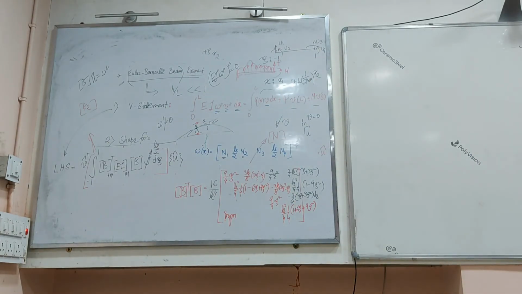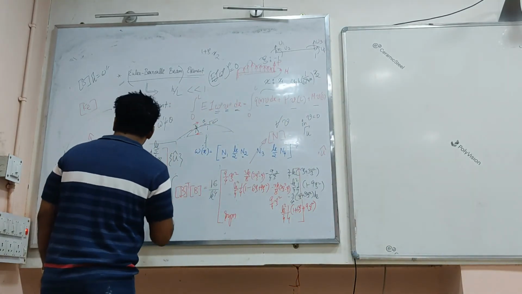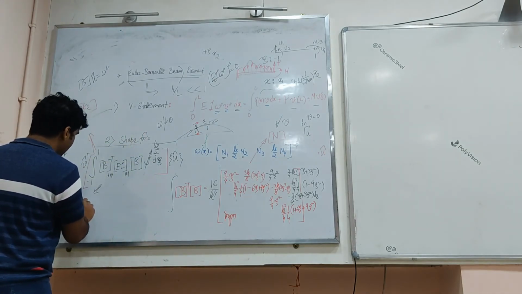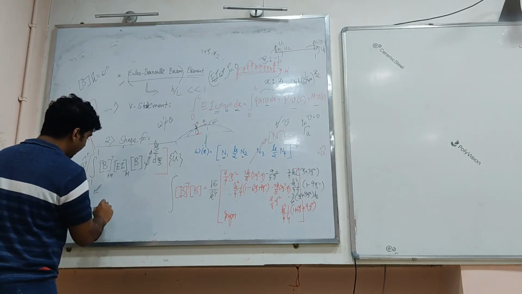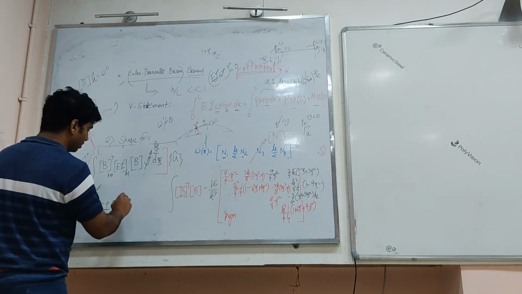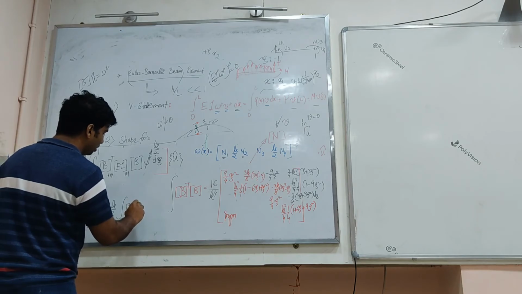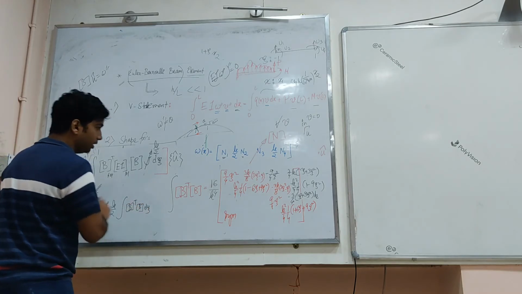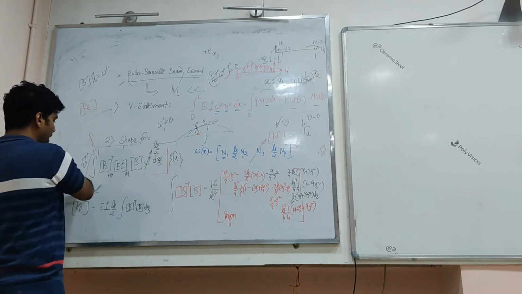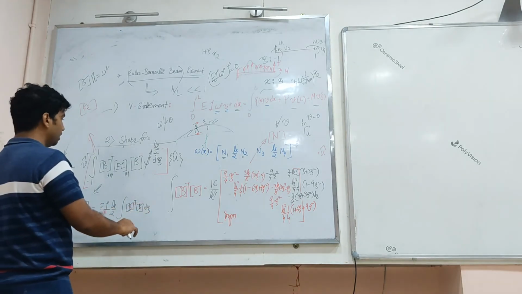Now see what I will do. Now for B transpose B, the element sequence matrix here, I can write it to be EI times LE divided by 2 integration B transpose B d xi.